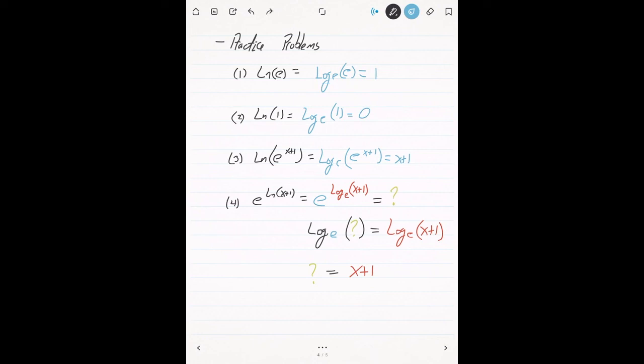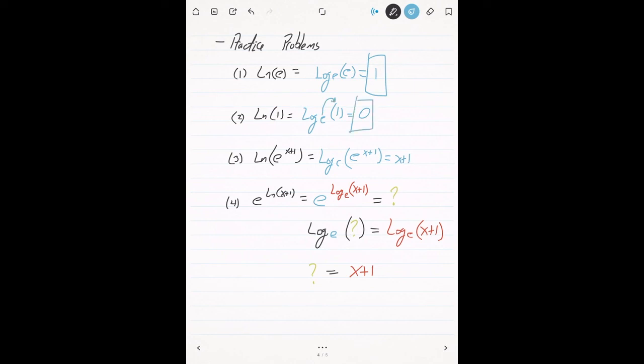But if you were to notice that the natural logarithm of e is basically log base e of e, and you could say to yourself, e to what power gets you e? Well, then obviously the answer is just 1. And we have a property for that. Similarly, we have a property for the natural logarithm of 1. What power of e gets you to 1?